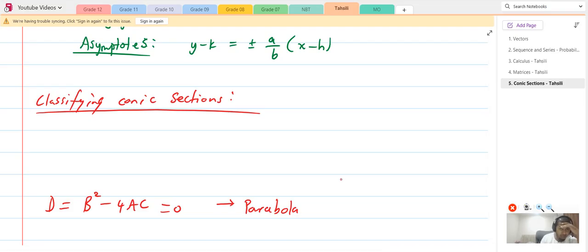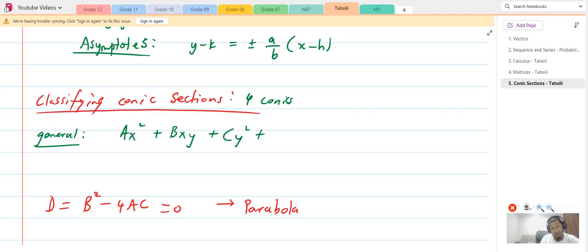The equation of a conic section, in other words the parabola, the ellipse, circles and hyperbola, there are 4 conics, is in this general form: ax squared plus bxy, you get an xy term, plus cy squared plus dx plus ey plus f is equal to 0.